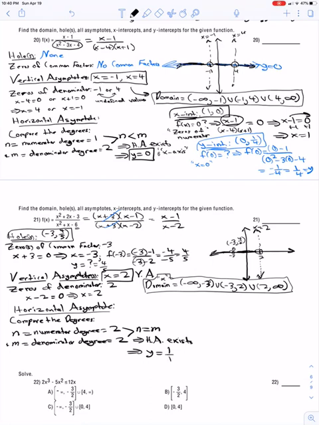So you divide the leading coefficients, 1 over 1, so that implies y equals 1. We had a 1x squared in the numerator and a 1x squared in the denominator. Those are the leading terms. Leading coefficients were both 1, so it'll flatten out at y equal to 1. That's your horizontal asymptote.